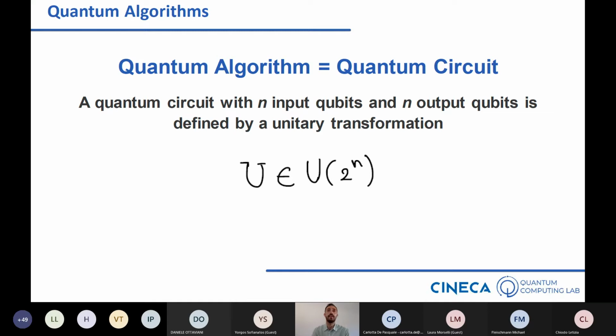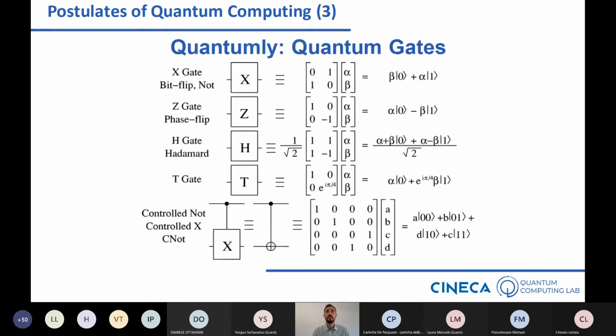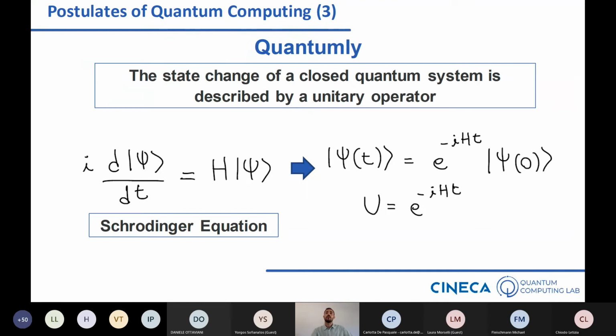Everything in quantum computing is Hermitian.